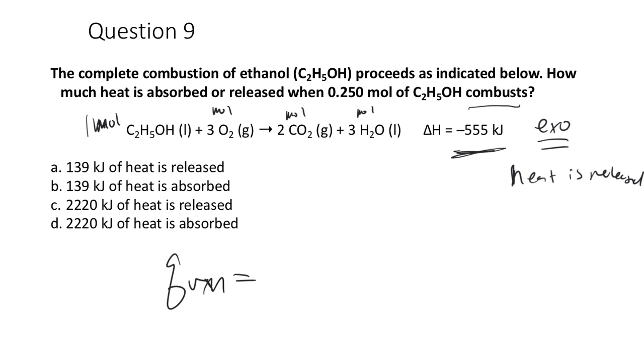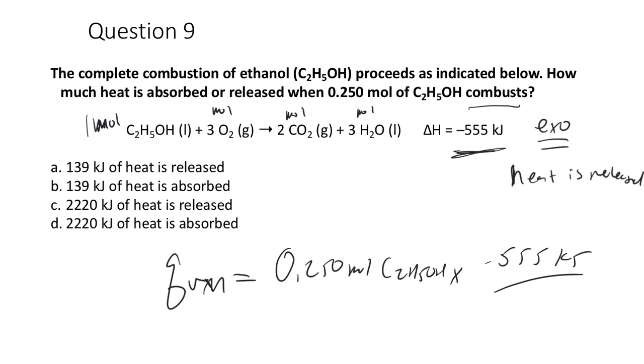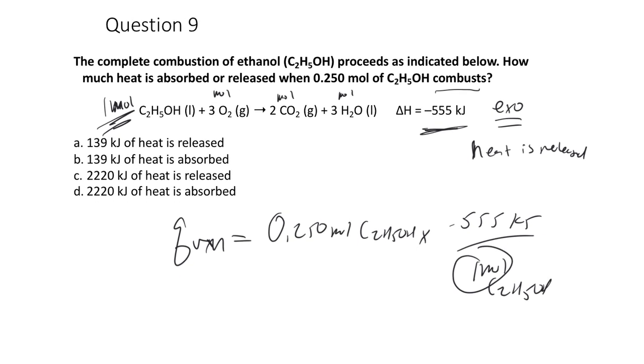And so the way I would think of this is that the Q reaction for a quarter mole, 0.250 moles of ethanol, would be, and the coefficient is minus 555 kJ per 1 mole of ethanol. So I have to inspect the coefficient here and include it. So 0.25 times negative 555 is minus 139.